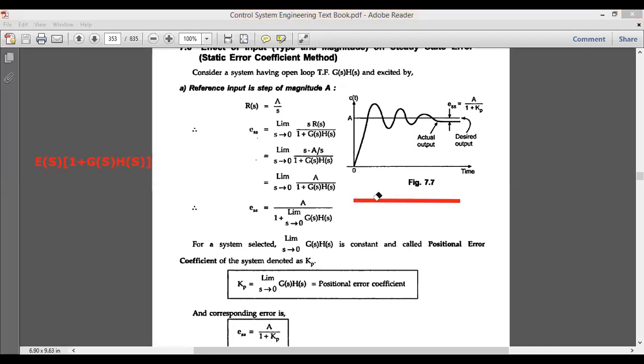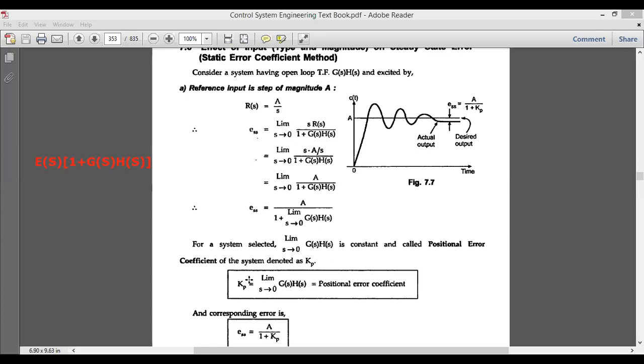Similarly, for a system, if you have a constant here like G of s into H of s, then it will be called the positional error coefficient. I repeat, for a system, if you apply the limit s tends to 0 to G of s into H of s, which is a constant number, then it is called the positional error coefficient, and it is represented by Kp.